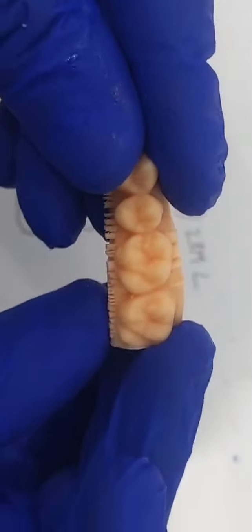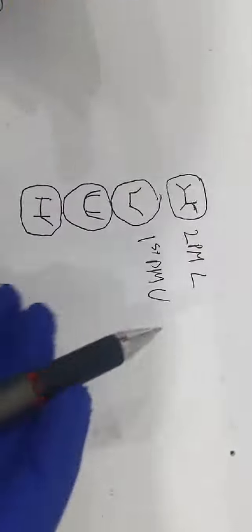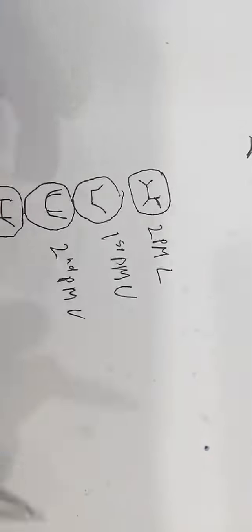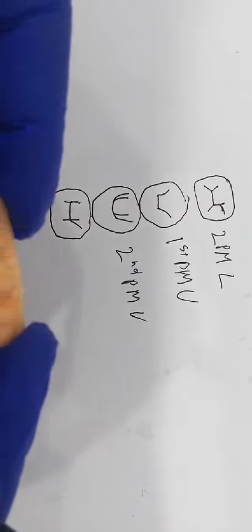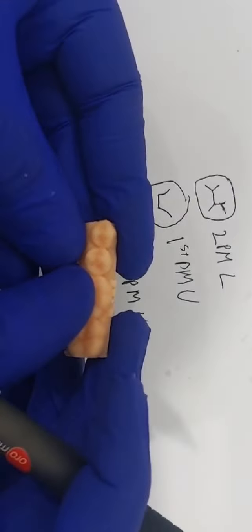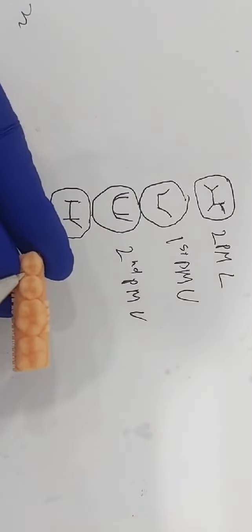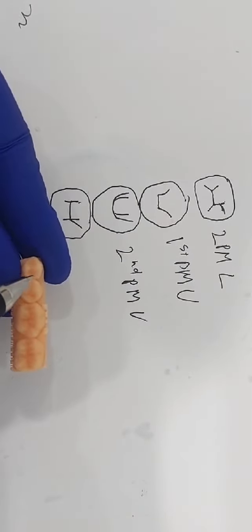Spider tooth is the upper second premolar. And then this one is the lower first premolar. See that extra groove?